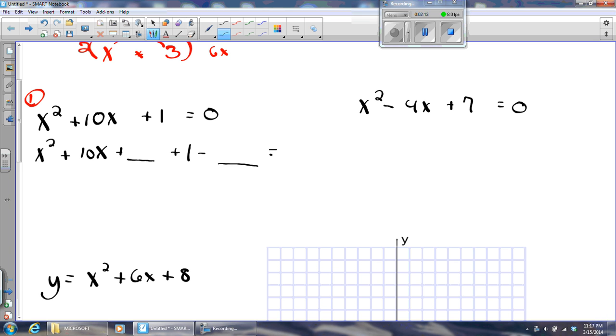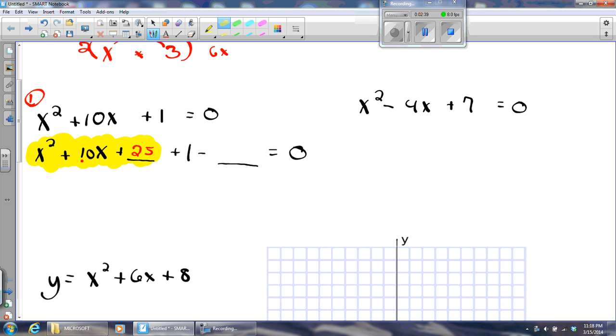Okay? Still equal to 0. Now what I'm going to do is take half of this number, which is 5, right? And I'm going to square it, 25. Okay? I have just turned this part of the polynomial into a perfect square trinomial.